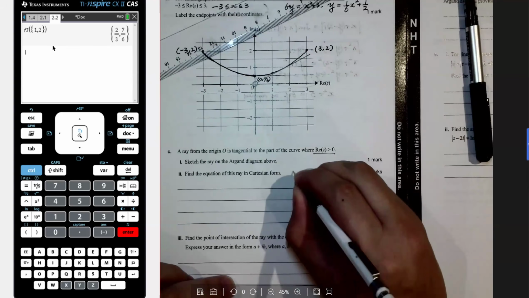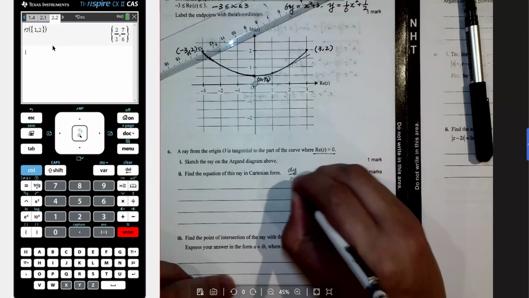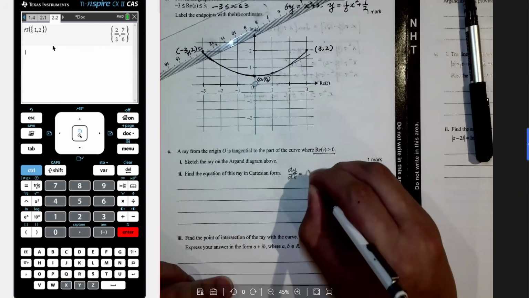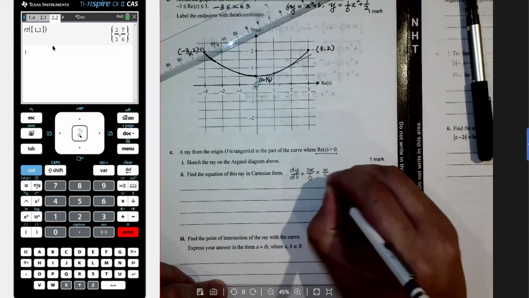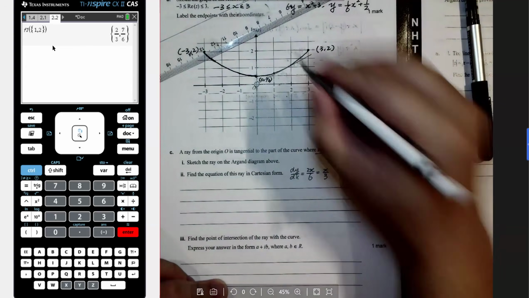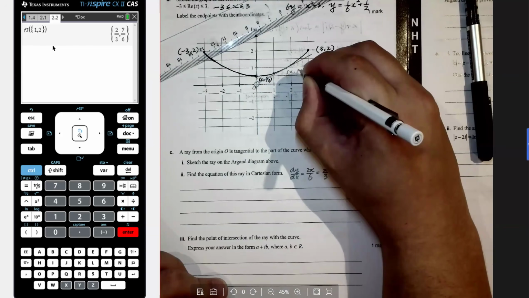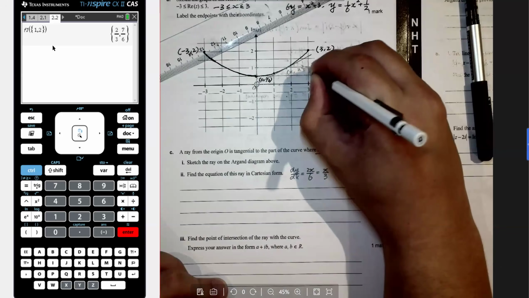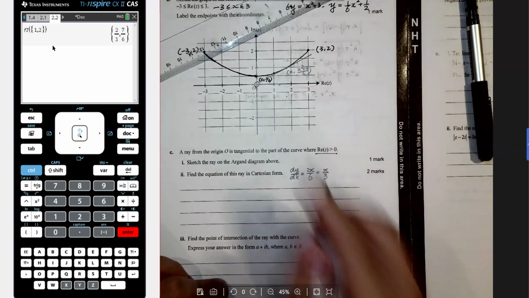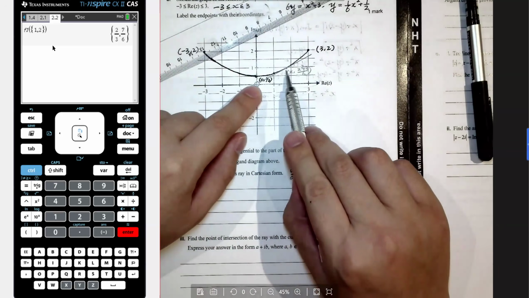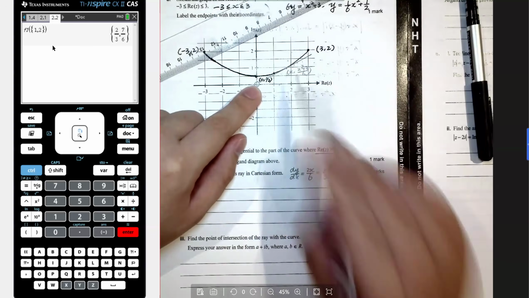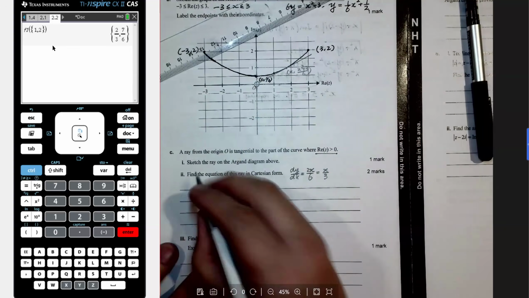So I'm going to say dy/dx = 2x/6, that is x/3. And also, let's say the tangential point is (x, (x² + 3)/6). So I can actually get the gradient between these two points equal to x/3.